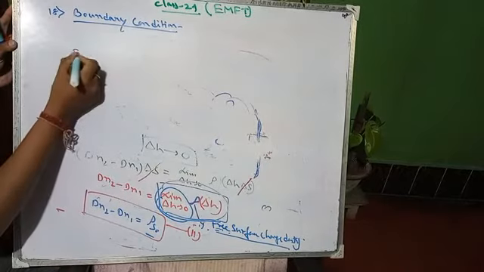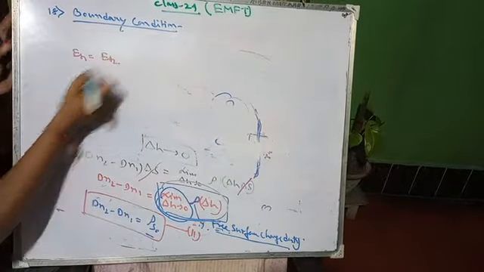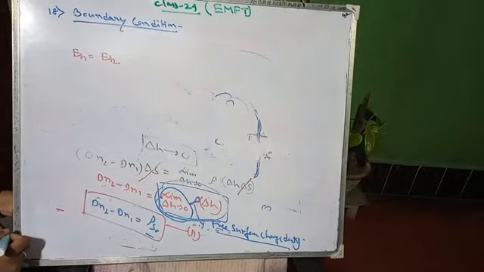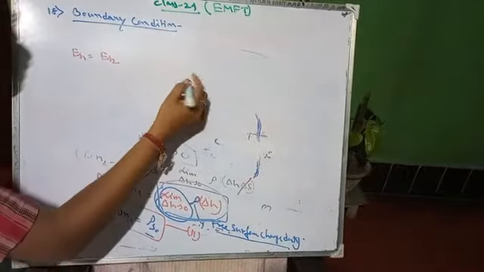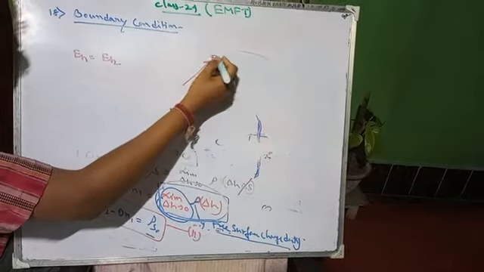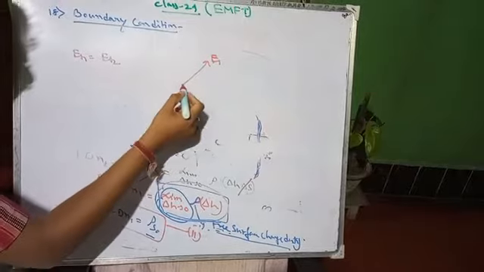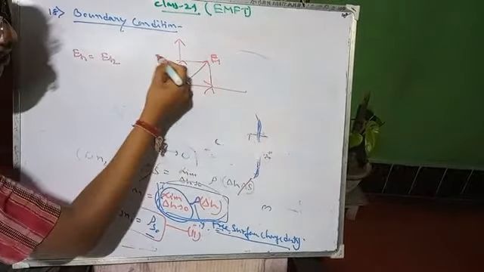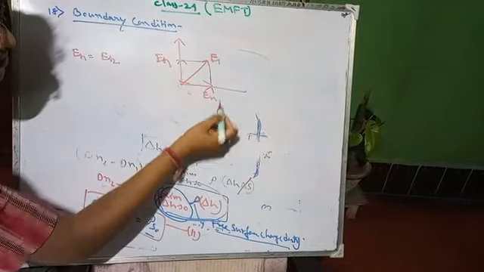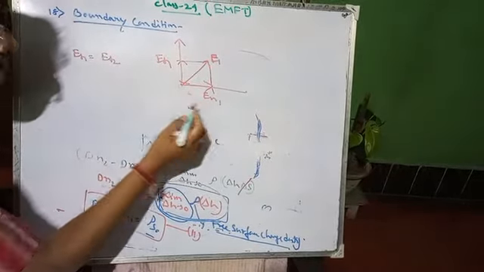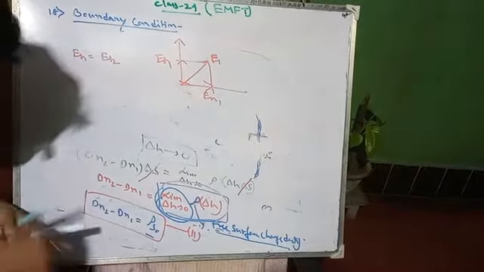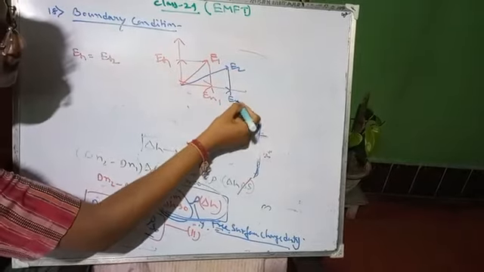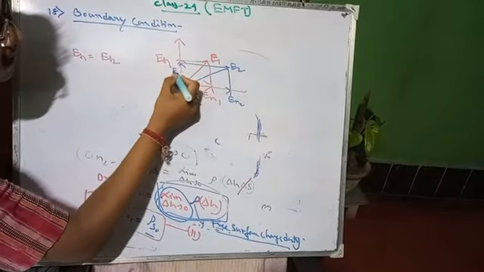Here we have Et1 equals Et2, from the first condition. Suppose the ultimate E1 is this one, so it has two components, Et1 and En1. Similarly, suppose E2 over here has two components, En2 and Et2.